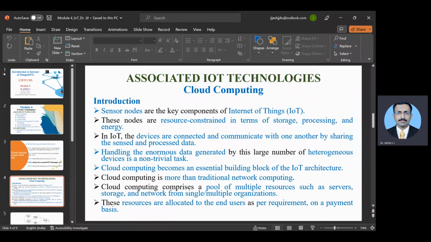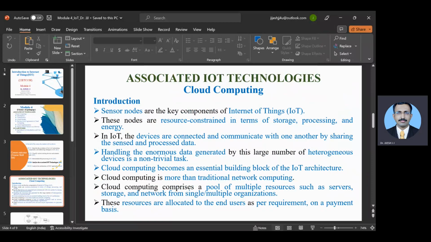Because in any Internet of Things, the starting component will be the sensor, because you need to measure parameters like temperature, pressure, humidity, chemical composition, the pH level, whatever you feel is important as a sensing parameter, and you can use the specific sensor for your further implementation.